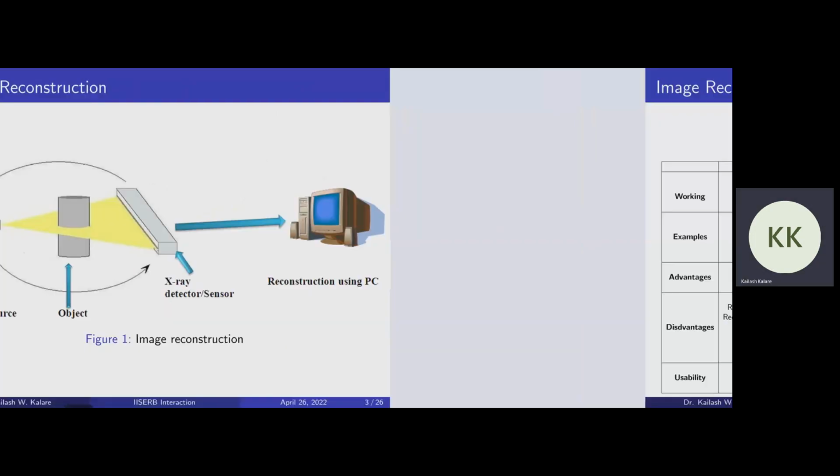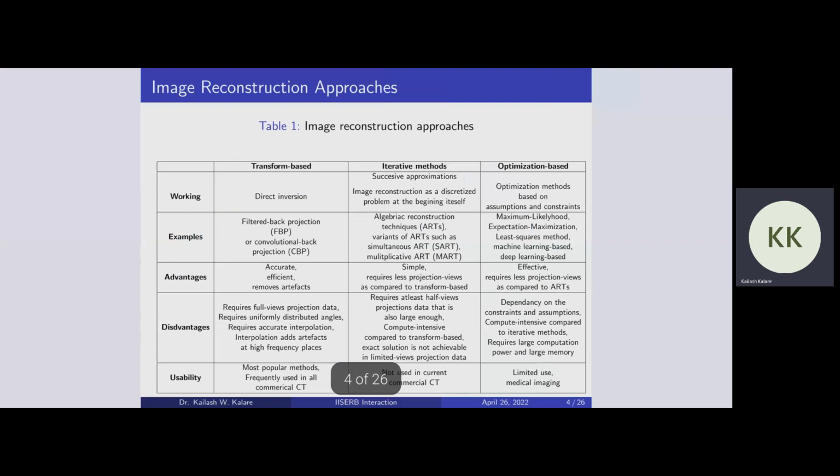There are different traditional approaches which exist in the literature. One approach is called the transform based approach, and these are direct inversion methods. Examples of these transform based methods are filter back projection or convolution back projection. The basic advantages of these transform based methods are accuracy and efficiency, and they are also helpful in removing artifacts.